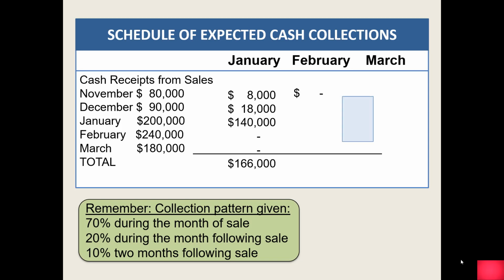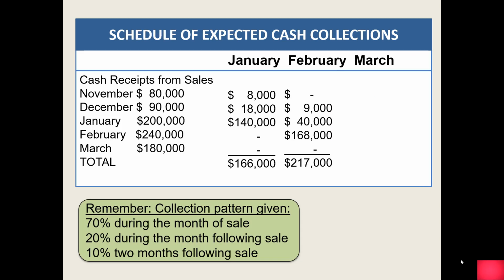We expect to collect 70% of February's sales in February, 20% of January's sales, and 10% of December's sales. 10% of $90,000 is $9,000, 20% of $200,000 is $40,000, and 70% of $240,000 is $168,000. We don't expect to collect in advance from our sales that we'll have in March. So total cash receipts during February, $217,000.